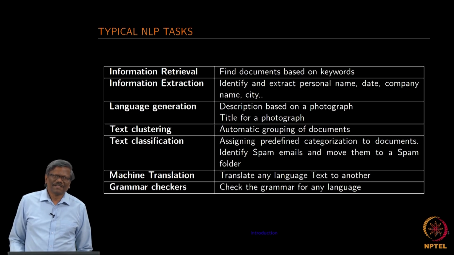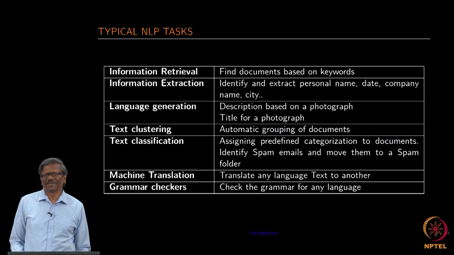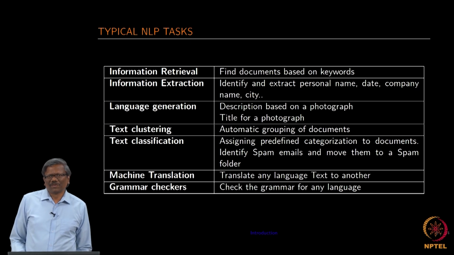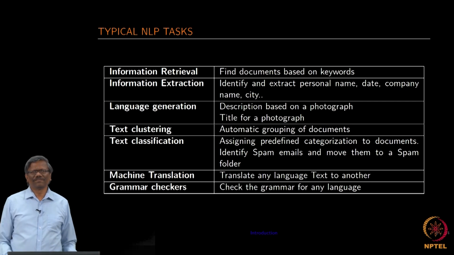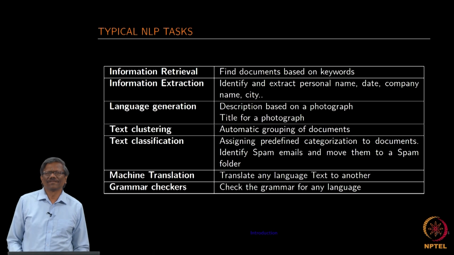The next one is language generation. This is something that you might be using on a regular basis. For example, if you are using a mobile phone and texting someone, the keyword starts appearing as you start typing, right. When you start typing the first word or a few characters at the keyboard, you see certain predictions or suggestions, right.